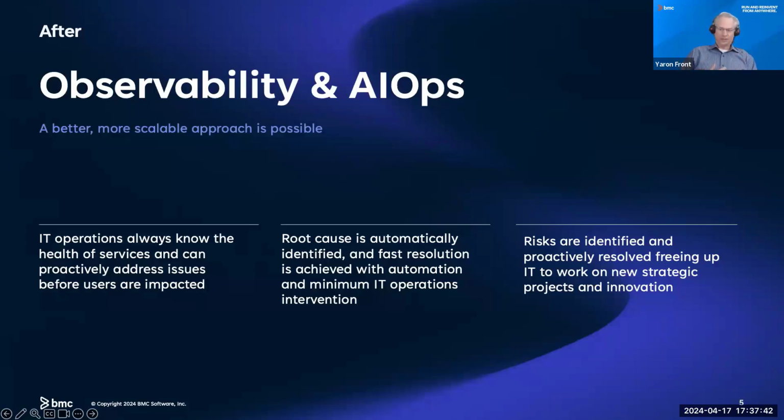It's having the ability to find and analyze the root cause and fix problems quickly, minimizing disruption to IT and to domain experts, and minimizing the impact on the business. So it's going from reactive to proactive. It's fixing problems before they happen and freeing up valuable resources for strategic projects and innovation.